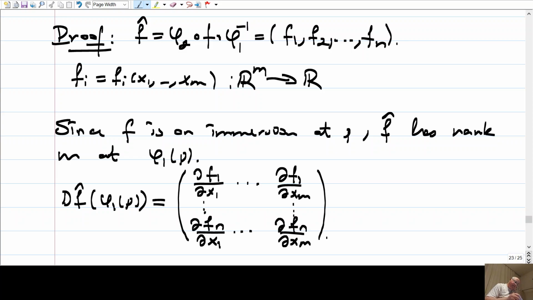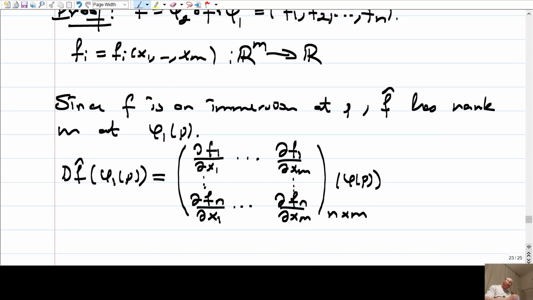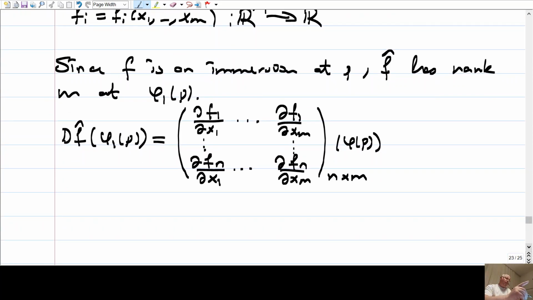So this is an n by m matrix evaluated at the point phi1 of p.